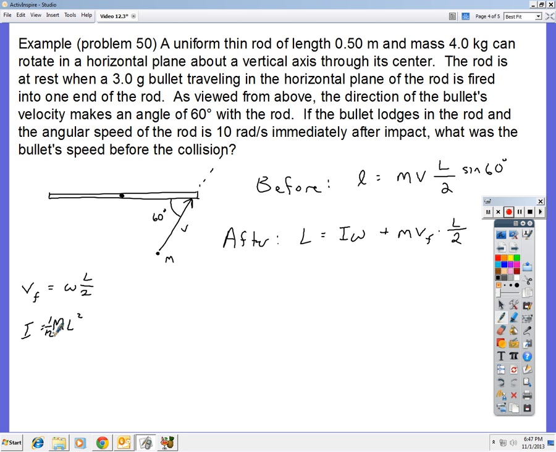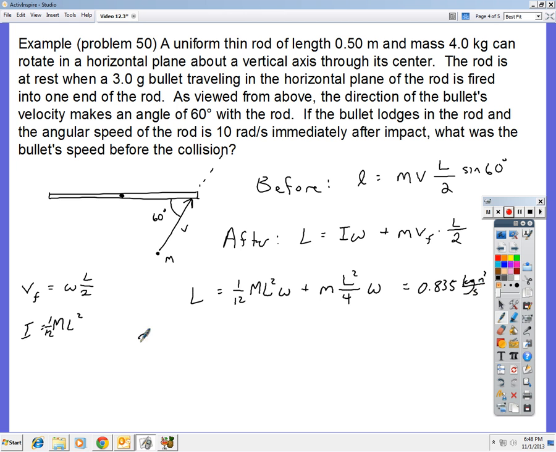And so this means that the angular momentum is 1/12 mL squared omega plus m L squared over 4 omega. And we know all the quantities in that, so we'll go ahead and get a number for L, and that will be 0.835 kilogram meters squared per second.